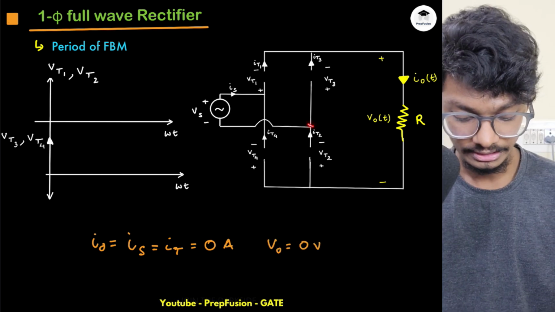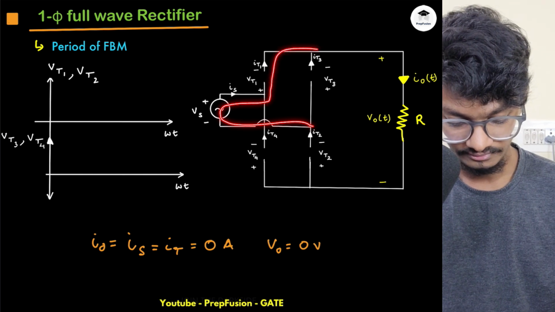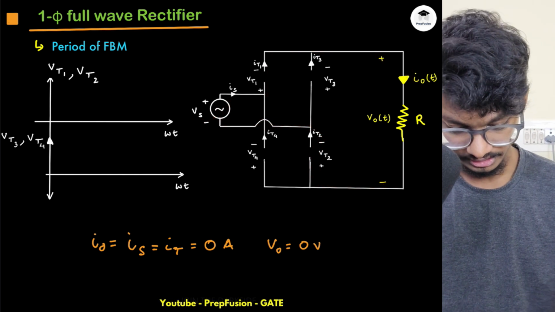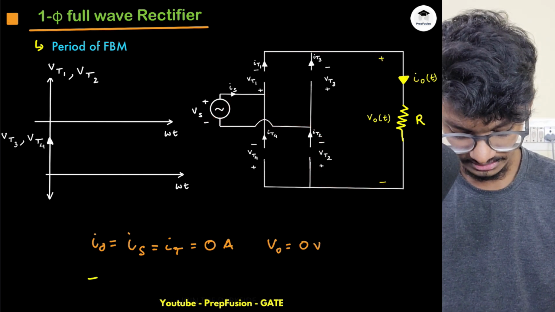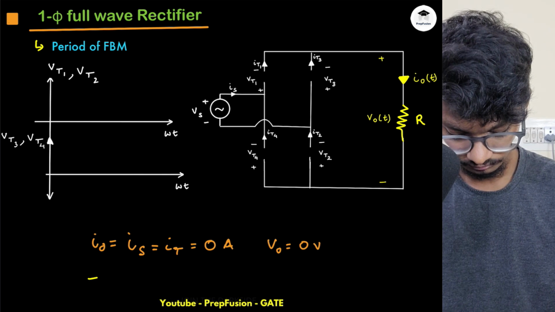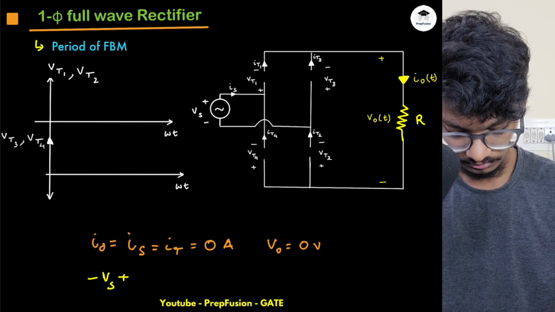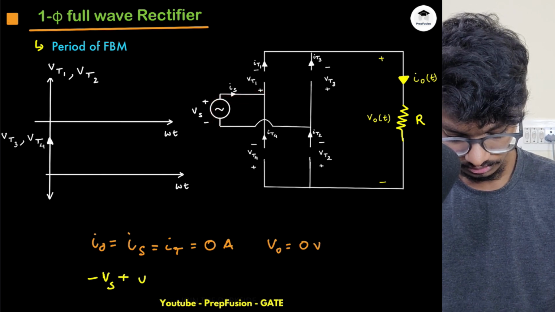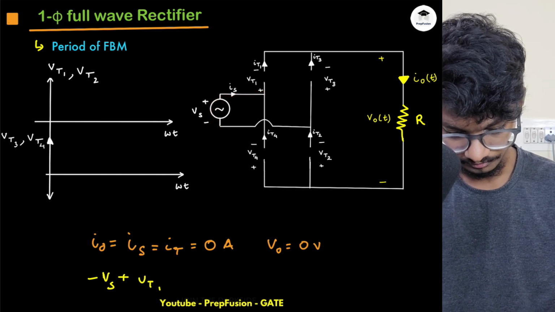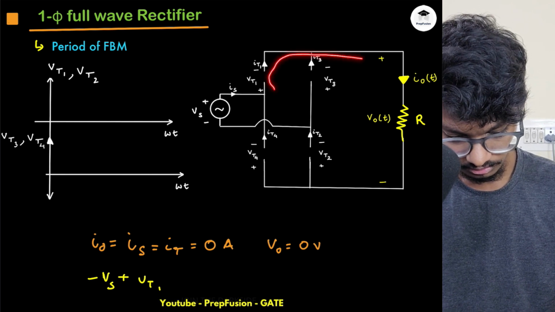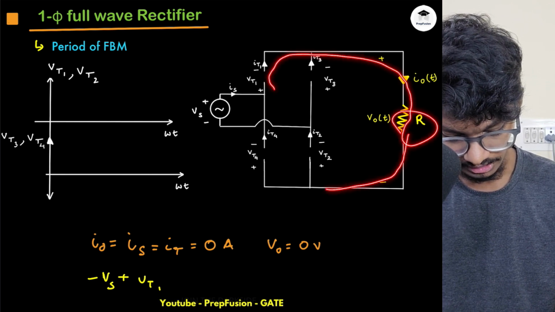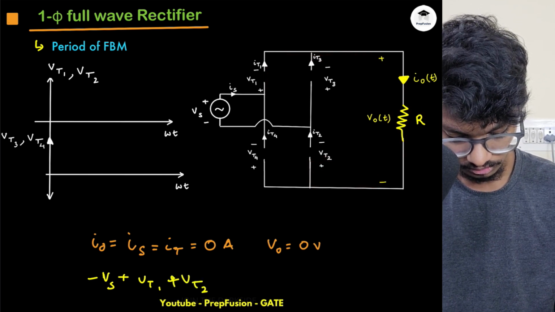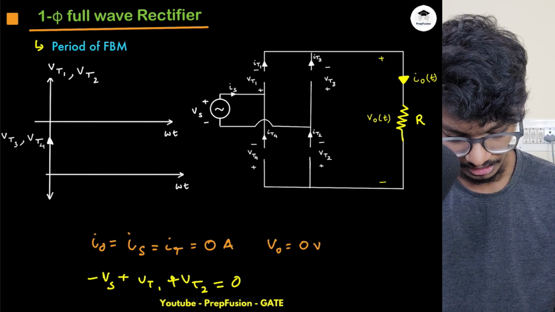If I apply a KVL loop like this, this will be simply equal to VS. I start my KVL loop: minus VS, starting from here, plus VT1, then this is a 0 drop, then here plus VT2 equals 0 volts. I have finished my loop.